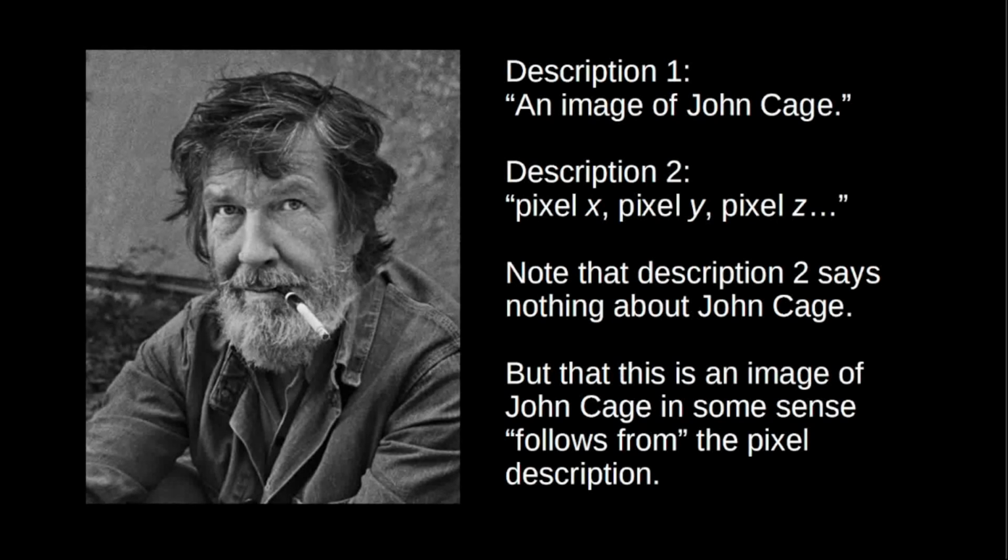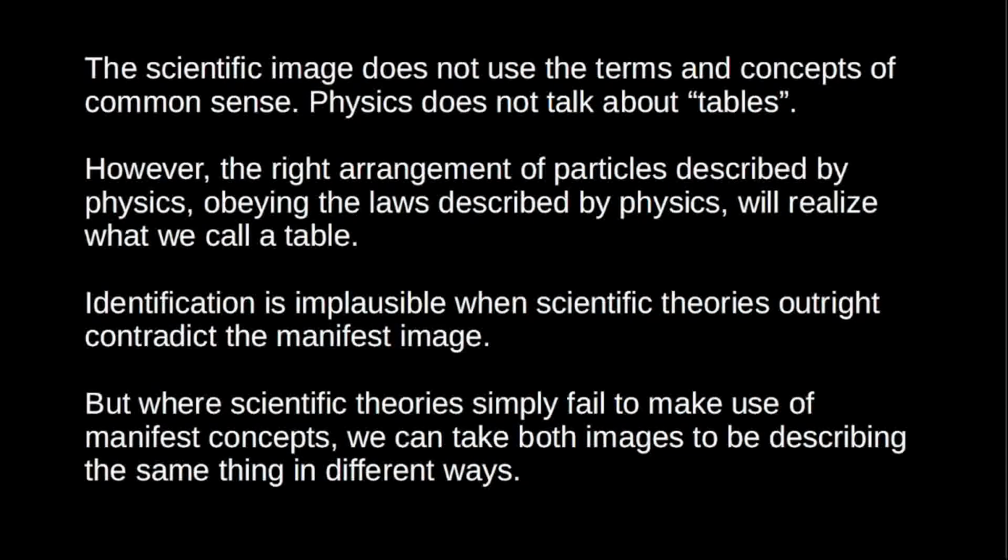So we can see that there are two different ways to describe the same thing, two different perspectives on the same thing. We have a straightforward description like this is an image of John Cage, and then we have the pixel description. And really they're just describing the same thing in different ways. And so we might say the same thing about the relation between common sense and science. Science does not explicitly describe the manifest world.